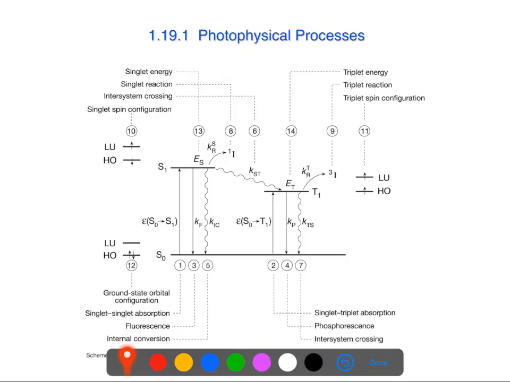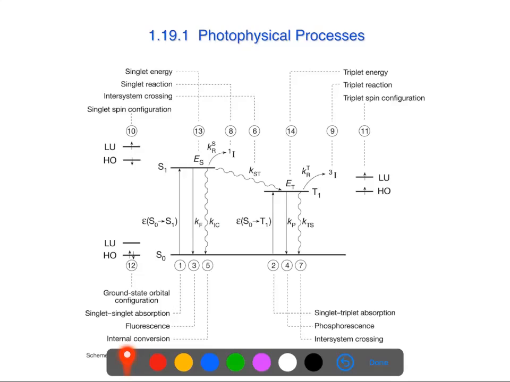What's also shown are transitions that involve the loss of heat. So these are transitions that are considered non-radiative or radiationless because a photon is not absorbed or emitted. For example, if we have a radiationless transition from the S1 to the S0, we refer to this as internal conversion. So anytime we have a radiationless transition between states of similar multiplicity, that is singlet to singlet or triplet to triplet, we refer to this as internal conversion.